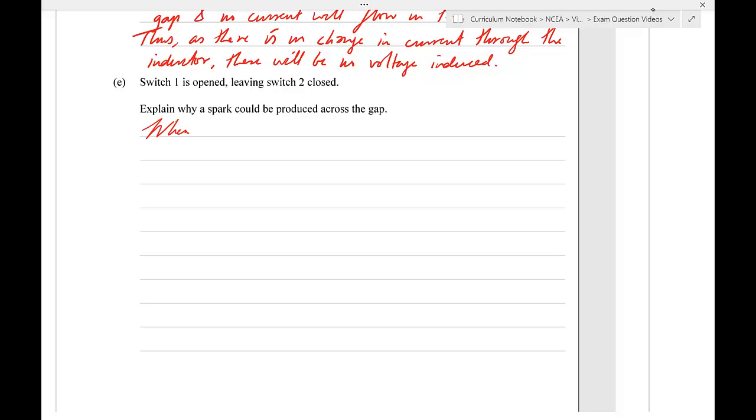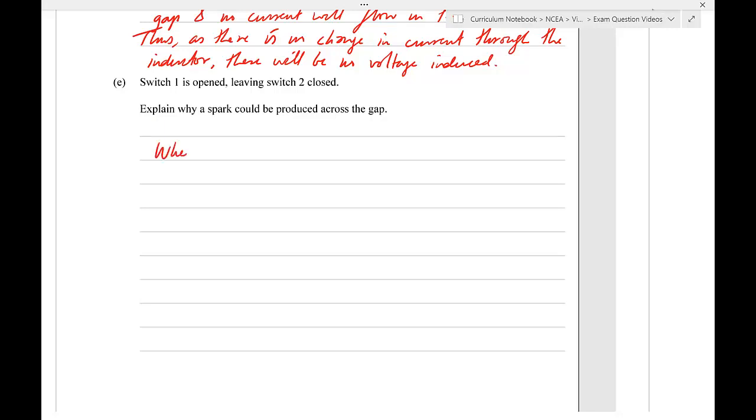And so the current will suddenly stop, which means that the induced voltage across the inductor will be very large because delta I over delta T is very big. And we need a large voltage to create a spark across the gap. Okay, so let's get each of those points really clear.